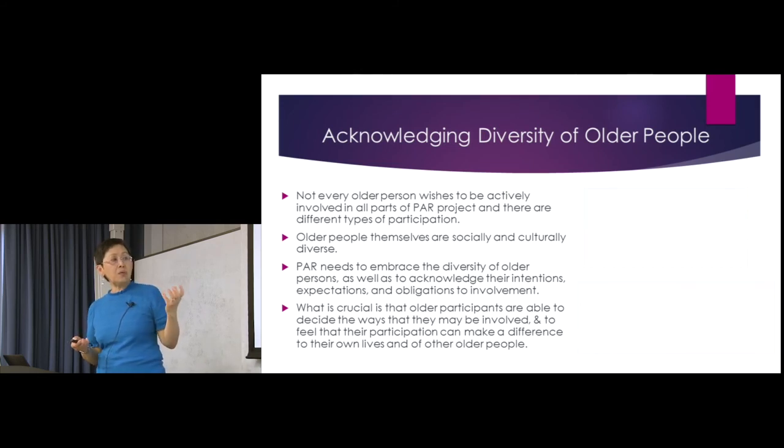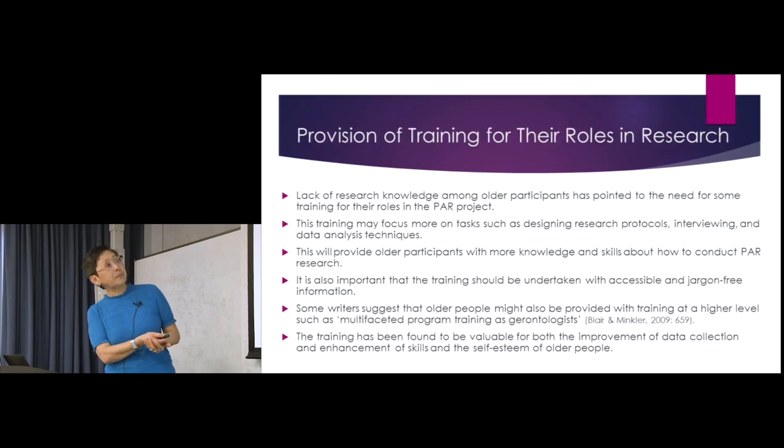Once we know that, then we will be more flexible, we will have more respect, and those sort of things will follow. So acknowledge the diversity of all the people. Do not think that they're all the same. No. You think they are different in many ways, and therefore acknowledge that.